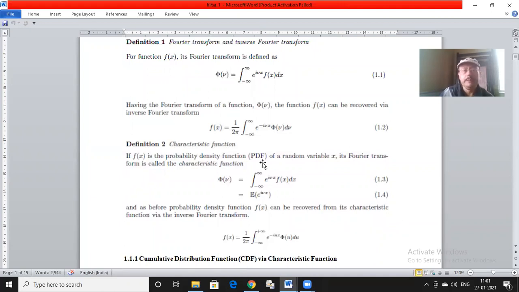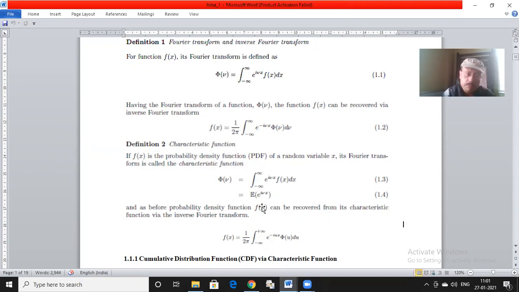So if f is a PDF, probability density function of a random variable x, its Fourier transform is actually called the characteristic function. Same definition as the Fourier transform. For a PDF, it is called the characteristic function, which I can also symbolically write as expectation of e to the power i nu x.